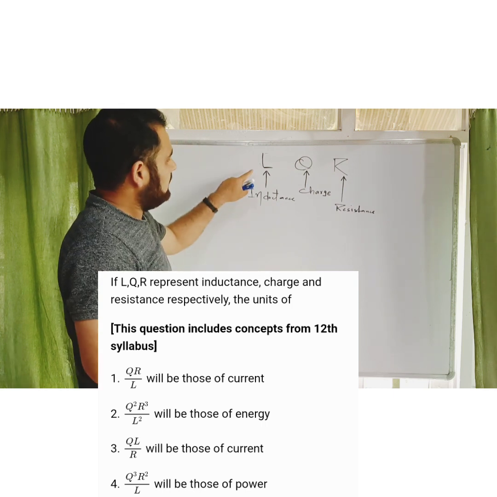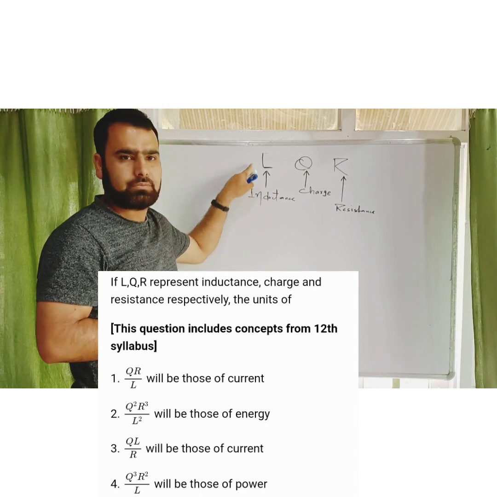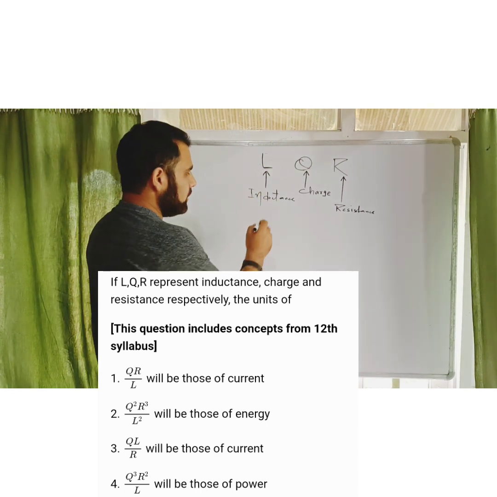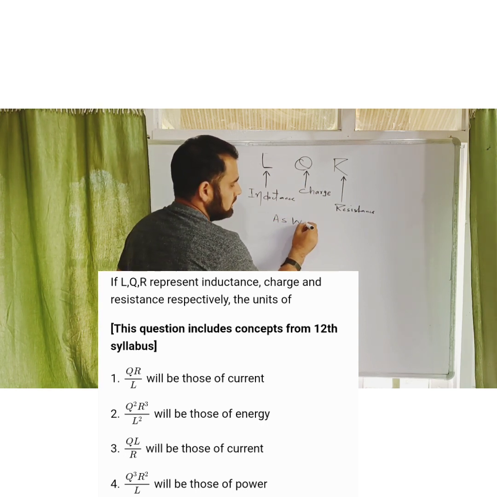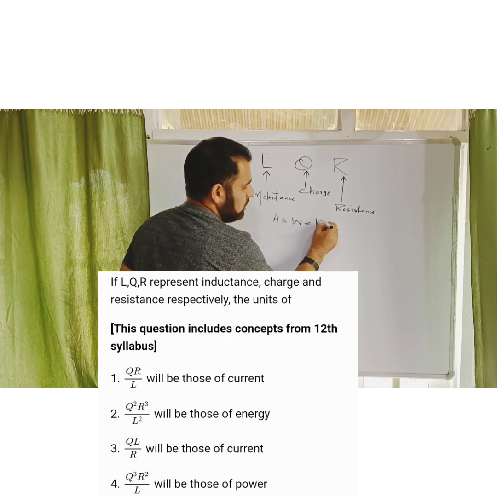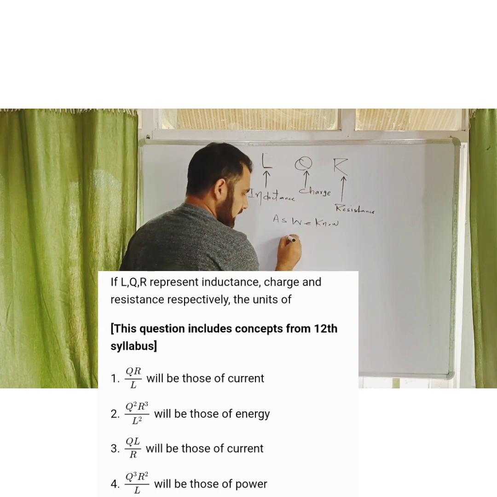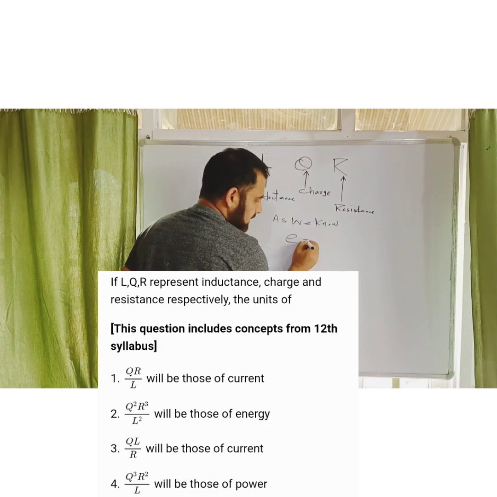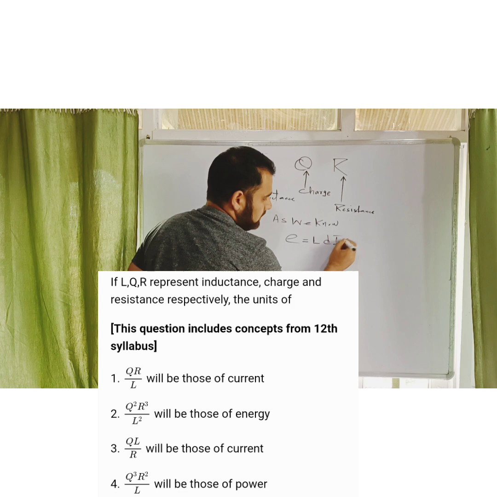First of all, let us find the dimensional formula of this inductance, right? As I told you people, this question includes concepts from the 12th syllabus. So we know the EMF induced E is equal to L di by dt in magnitude.